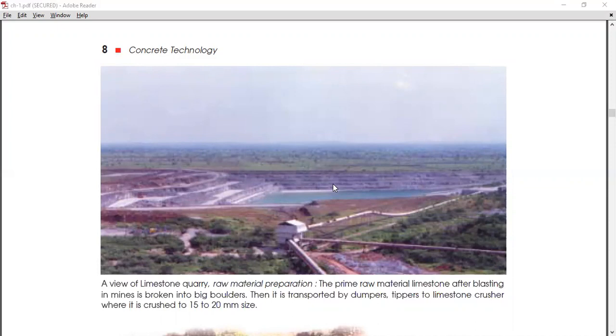Another video of the JK Lakshmi cement manufacturing process. This is the major plant cement manufacturing process animated by JK Lakshmi Cement.